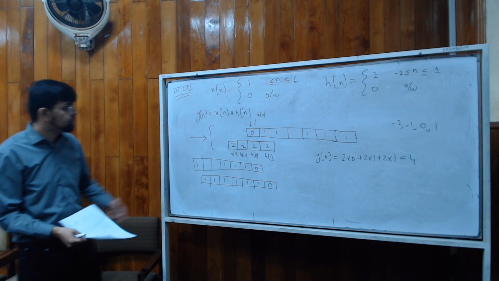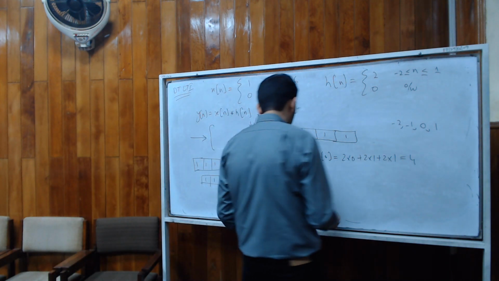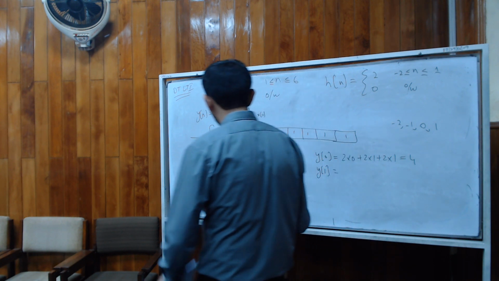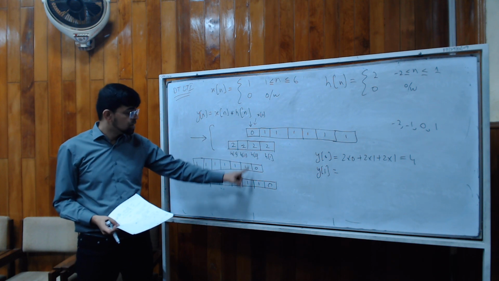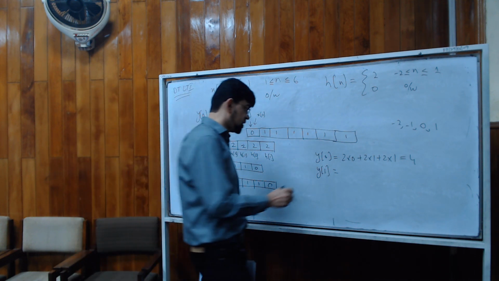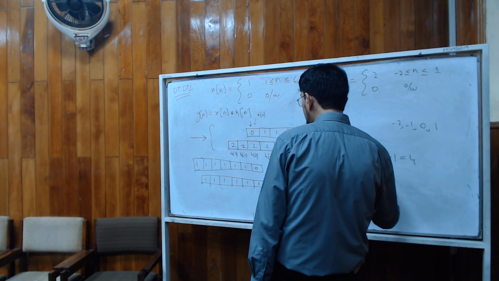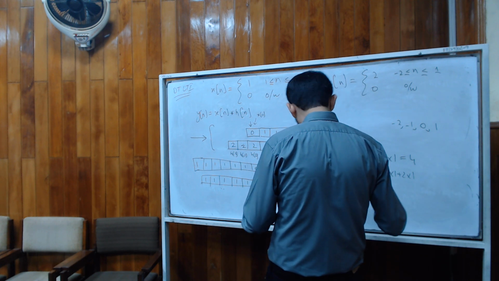You write it on a tape and then you slide it. Since you have shifted 1 unit to the right, you are actually talking about y1. Again, do the same thing. Multiply the overlapping cells and sum the results. So it's 2 times 0 plus 2 times 1 plus 2 times 1 plus 2 times 1. So I also got a 6 here.